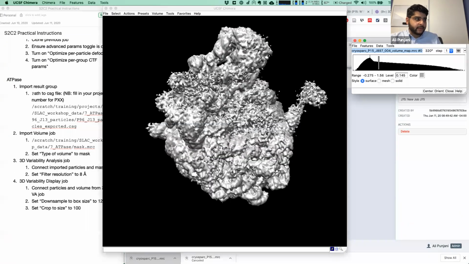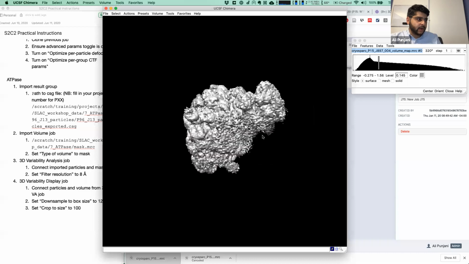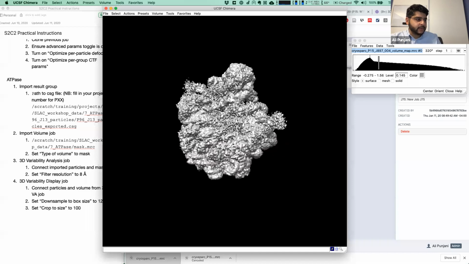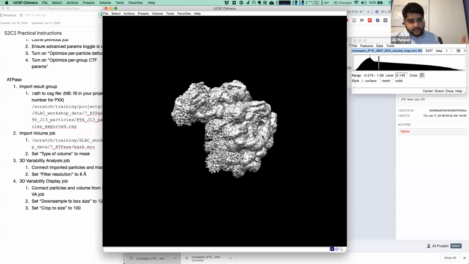This is a consensus refinement of all the particles in this ribosome assembly. This is a large ribosomal subunit, and in the data set of several 100,000 particles, it comes in many, many forms with different subunits attached or detached.